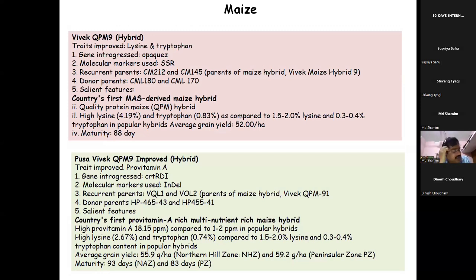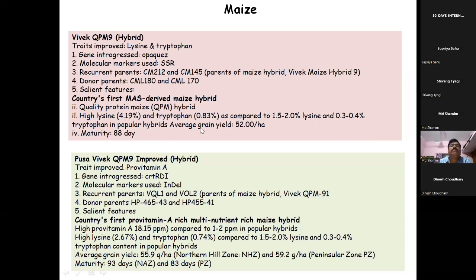for example, several varieties have been developed, but in this slide I just mentioned only two: QPM9, which is a hybrid variety. The trait improved is lysine and tryptophan, two essential amino acids, incorporated in these hybrid varieties, which improved the quality protein, meaning high lysine and tryptophan as compared to the popular hybrid: two times more lysine and two times more tryptophan.